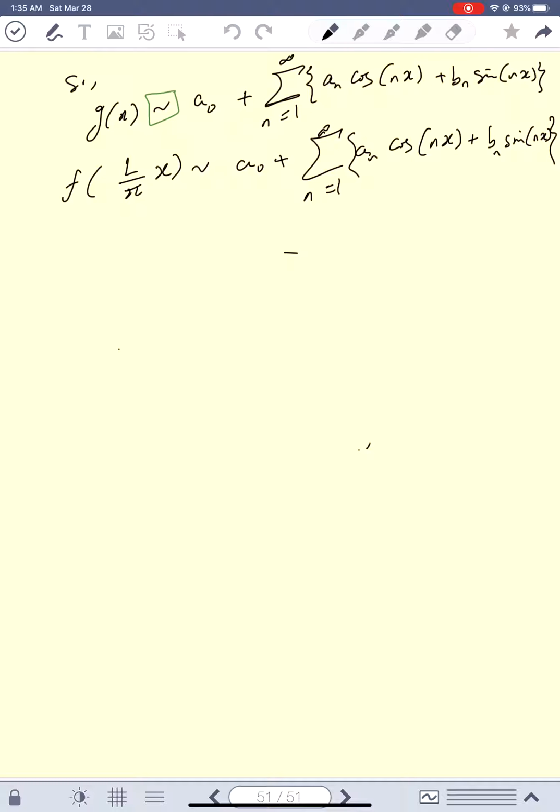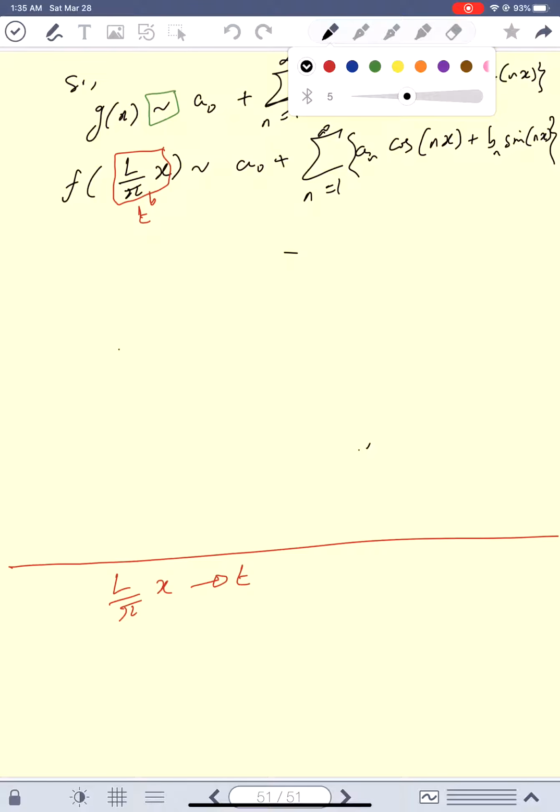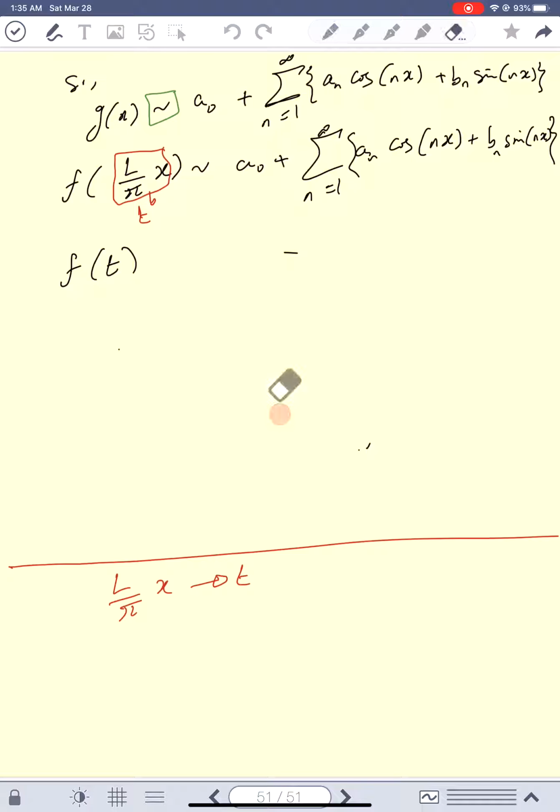But this is f of L over pi x. So again, I look at this and let's change it to t. So if we substitute, but please, this is not like a substitution in an integral. I just want to replace L over pi x by t. So if you do this, then what you get is that f of t is this.